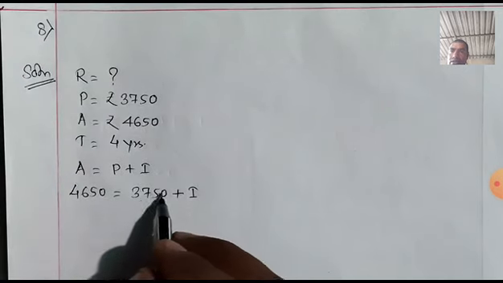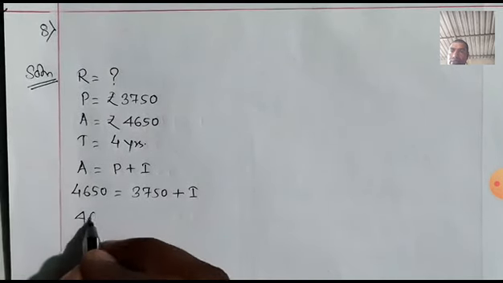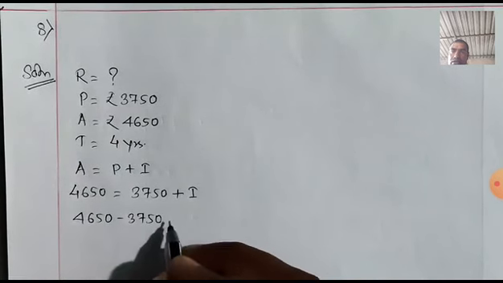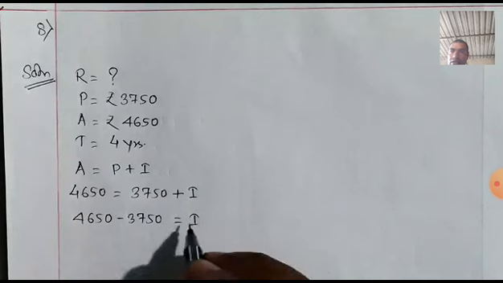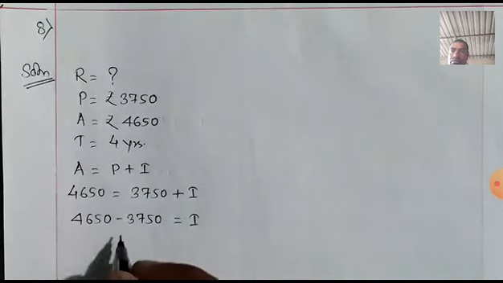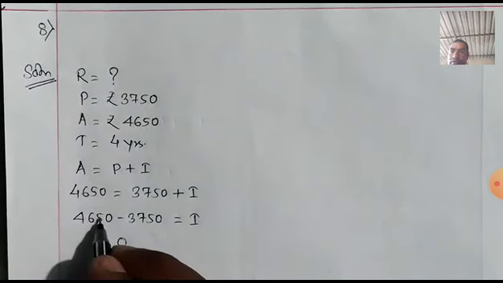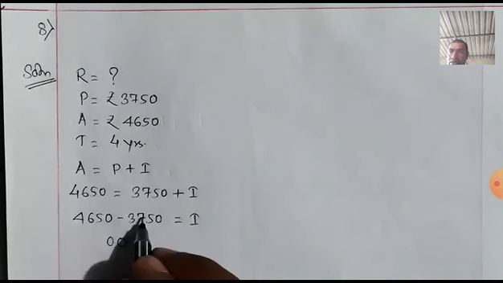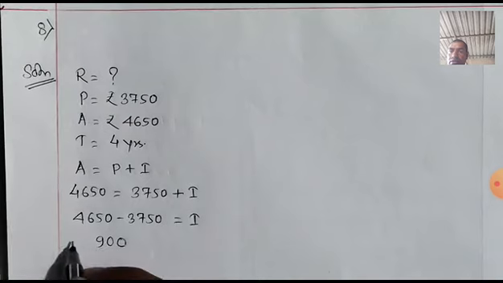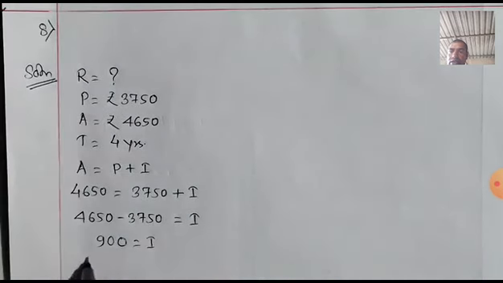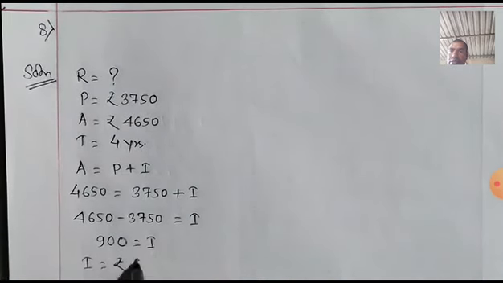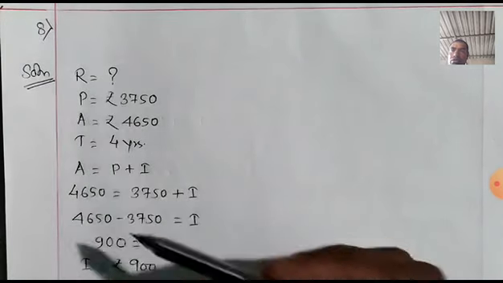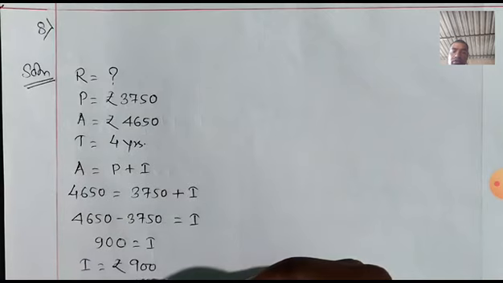So send this 3750 to the left side, so it becomes minus: 4650 minus 3750 is equal to I. Then do the calculation, 0 0, here is 9. So I is equal to 900. Now you got the I.